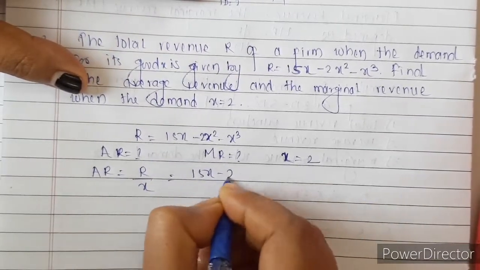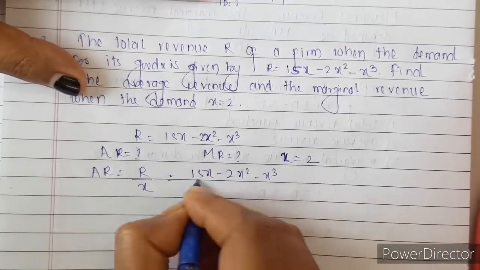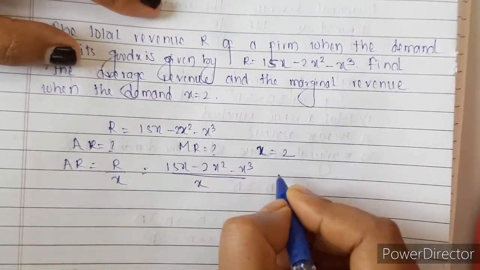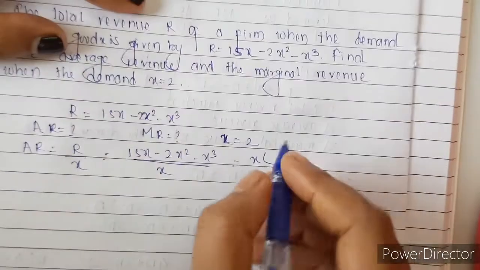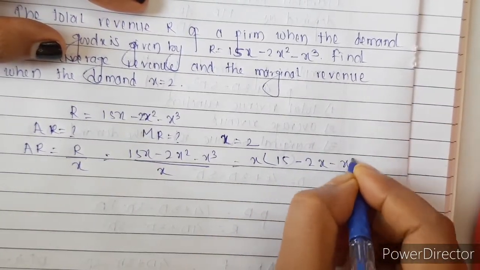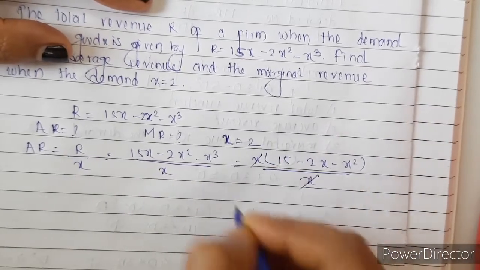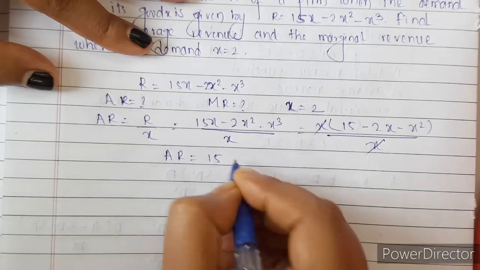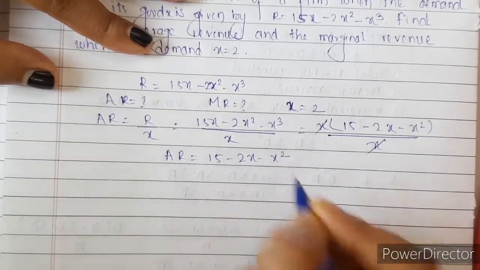Revenue is 15x minus 2x square minus x cube upon quantity demanded. Now x is common, so take x common. Remaining is 15 minus 2x minus x square, all divided by x. This x will get cancelled. So average revenue is 15 minus 2x minus x square.